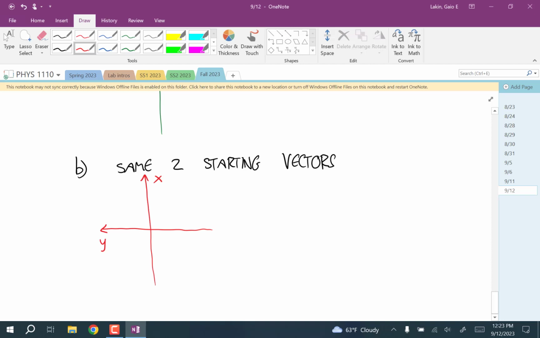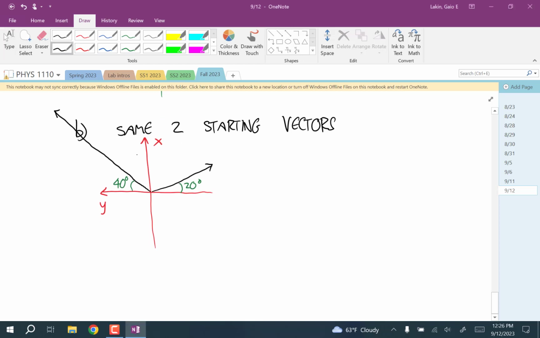Calculate the components of A and B in this coordinate system, and then once you have those components, add them together. Take a few minutes and see if you can work through that. Talk to each other or talk to me if you get stuck, and then I'll go through.